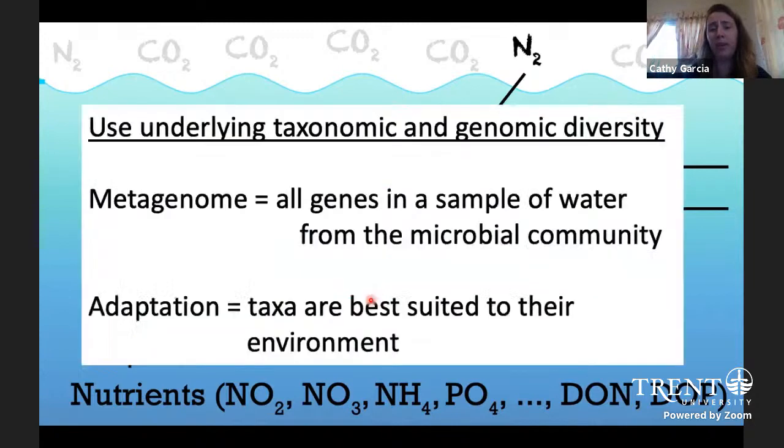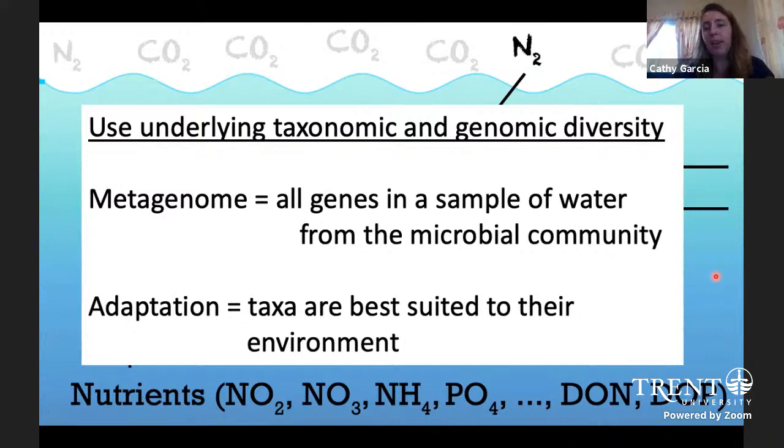One way that we thought of doing it is using the underlying taxonomic and genomic diversity. So what we take here is we're looking at the metagenome. What that means is all the genes in a sample of water from the microbial community, and we're looking at the adaptation of these different samples.